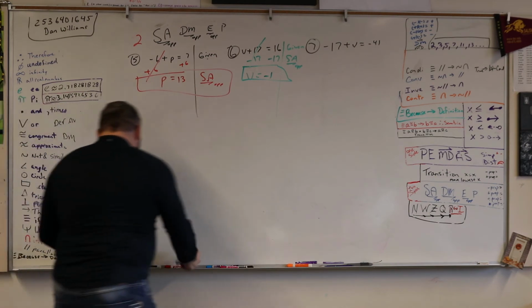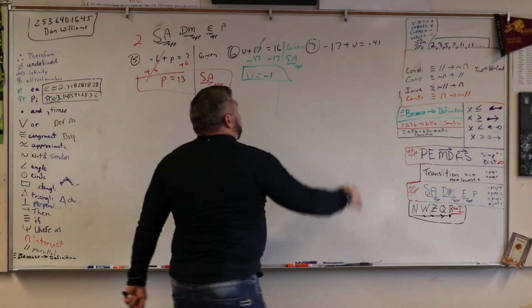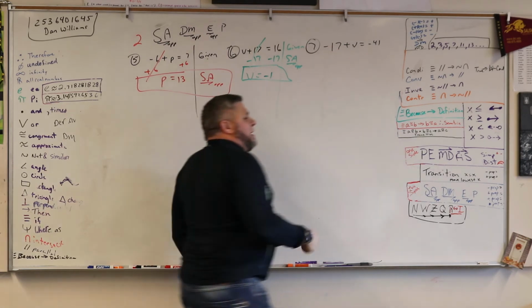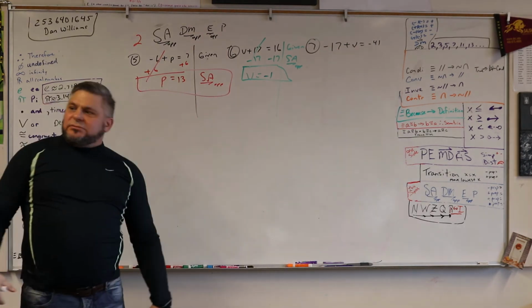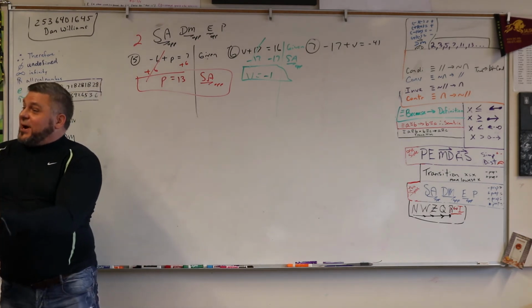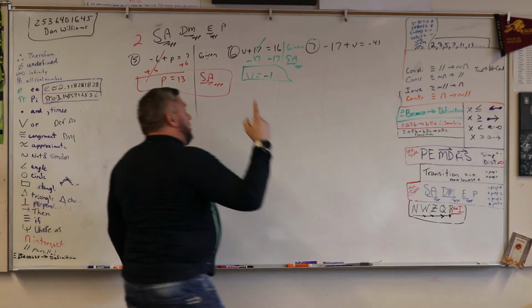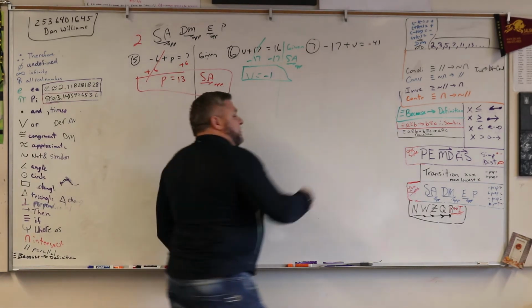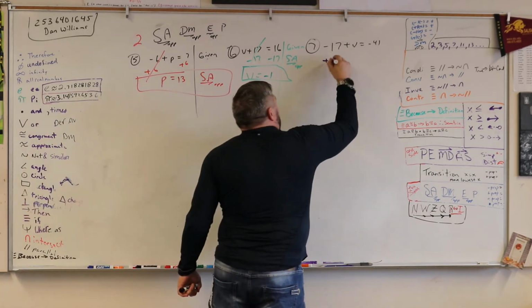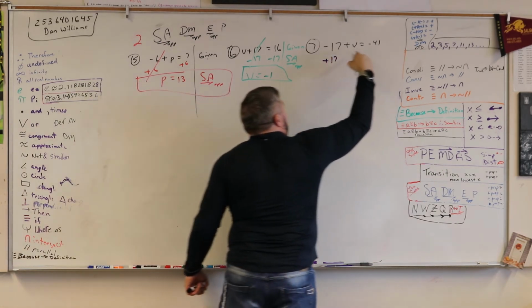Okay? So let's look at this one. This time I'm adding a -17. What's the opposite of adding a -17? Subtracting a negative, or adding a positive, right? Subtracting a negative, which makes a positive. So adding 17, and what do I do to one side?